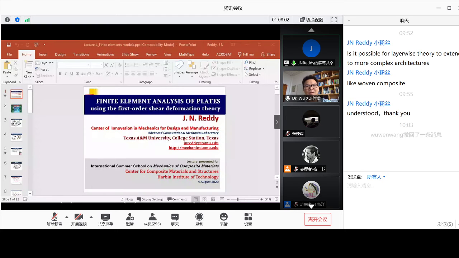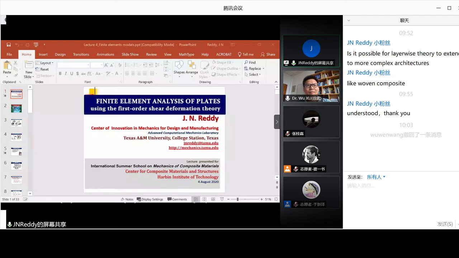I have not explored that, but that is the interesting thing, because ultimately everything that we develop, we should be able to put into commercial codes. That way we don't have to develop all the other things. We can utilize solvers, mesh generators, post processors, all of which are already in the commercial codes. So I think that will take some effort, but it's possible.